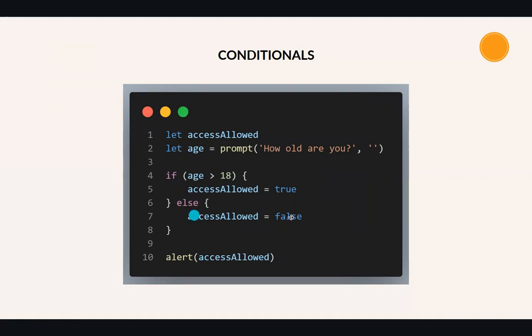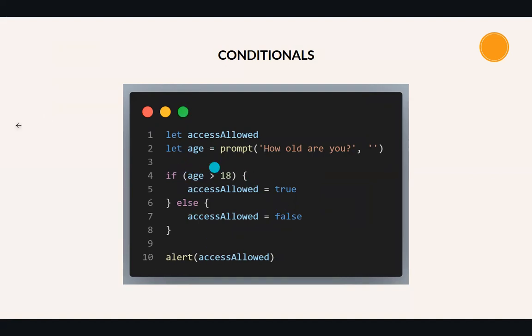If their age is less than 18, we can deny them access. Usually when you go on some websites, they ask, are you 18? They have different prompts that they ask you for different things. So this is one use of a conditional: you check the user's age, and the way you do that is with a conditional.